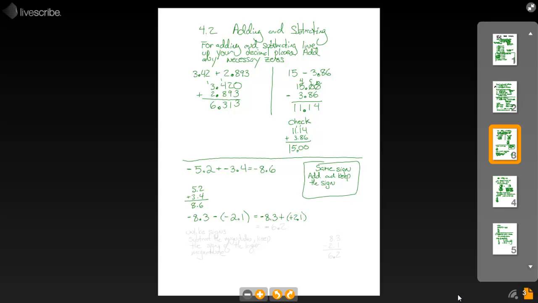So that one's negative. And that one is positive. That's the switch. So now they're unlike signs or enemies. So the directions were subtract the magnitudes.